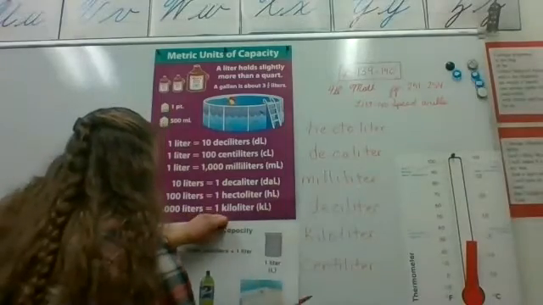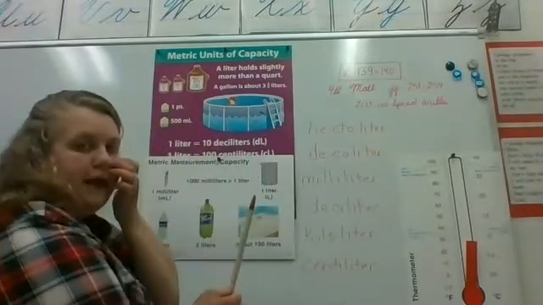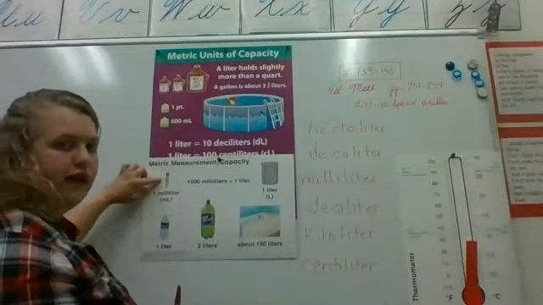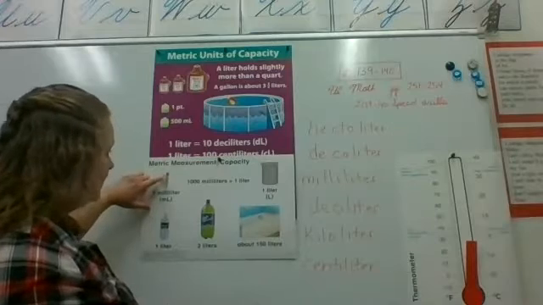Some other ways to look at liters. I'm gonna move this one up so you can see it. A little tiny syringe, maybe for medicine, is a milliliter.